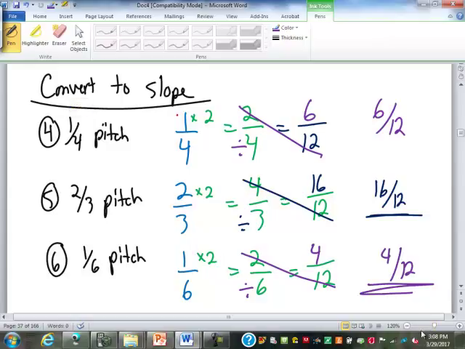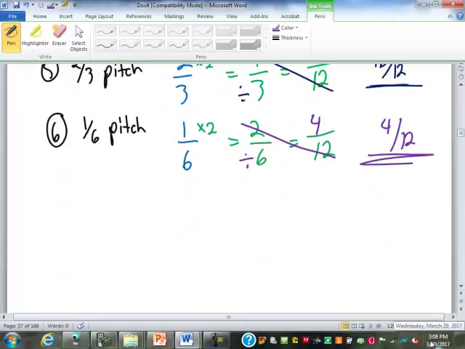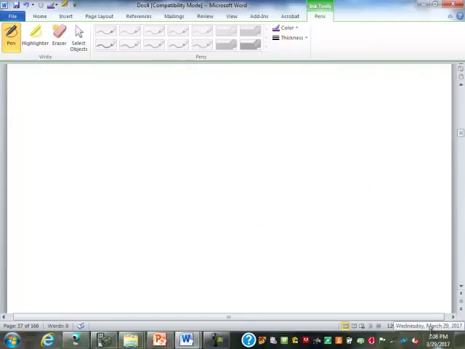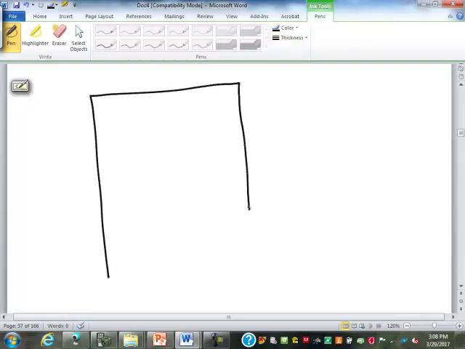Okay, so then the next thing I want to do is take a look at converting to the nearest fraction of an inch. Where this would come up is, let's say that we have a bookshelf that we're making, and we want to square it up. Let's say this bookshelf is 32 inches by, let's just go 48 inches tall.